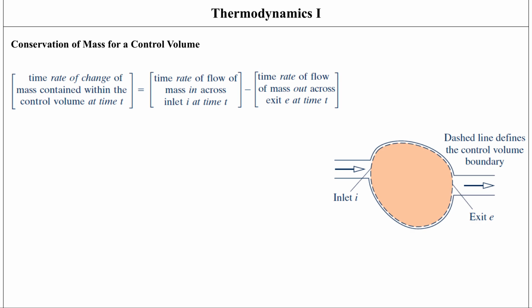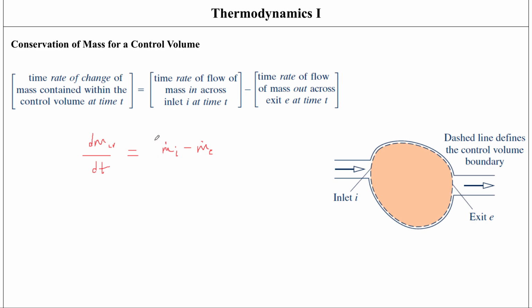To account for that, the equation that I wrote was of the form: time rate of change of mass contained within the control volume at time t, and I equate this to mi dot minus me dot.